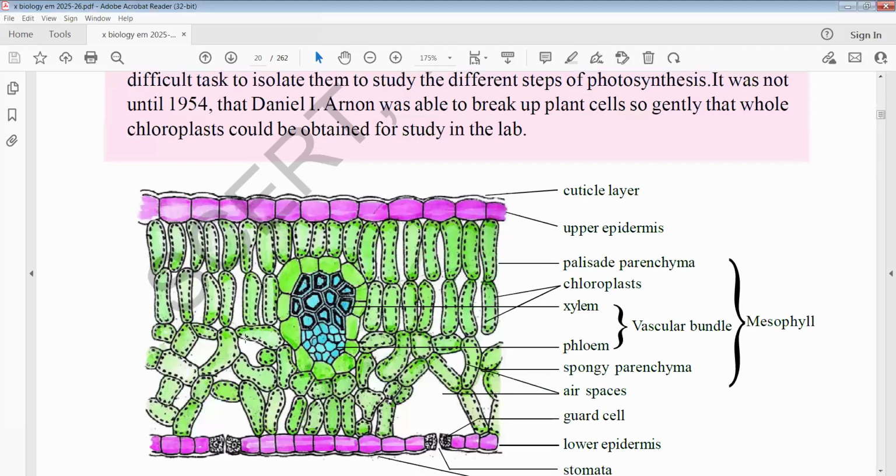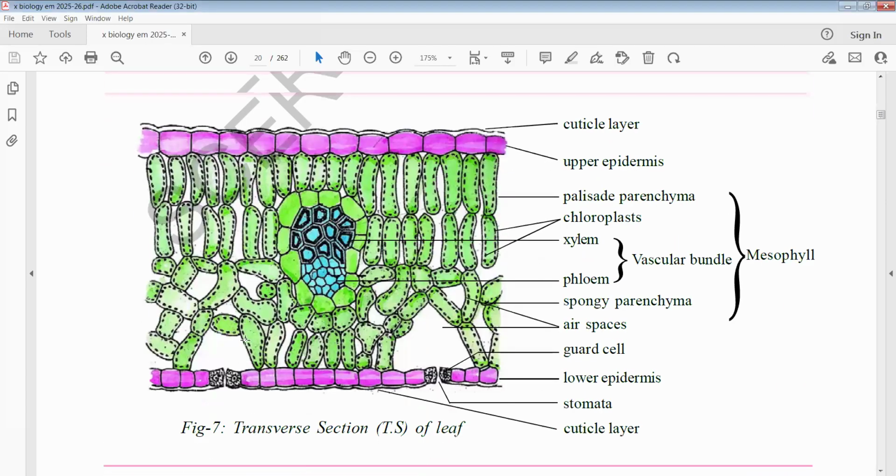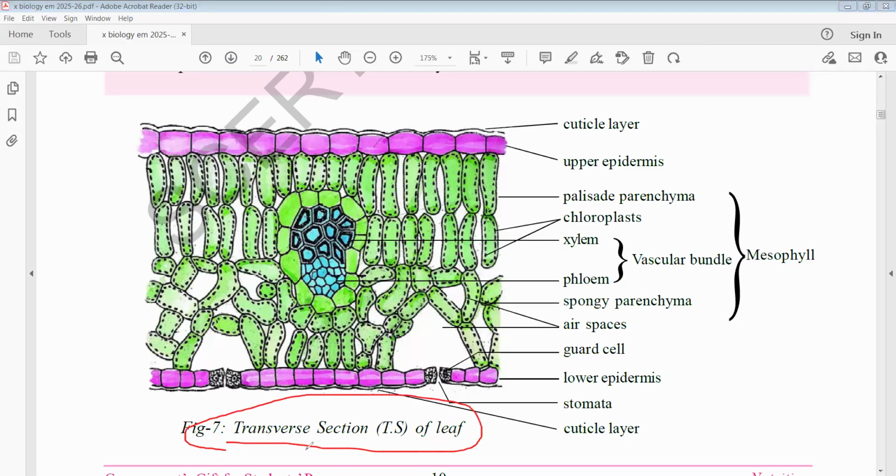This diagram is most important. It indicates the transverse section of a leaf, the TS of leaf. The outer line is called the cuticular layer.